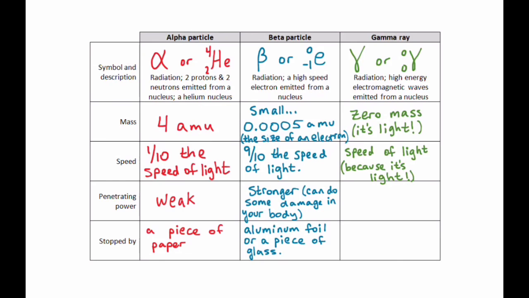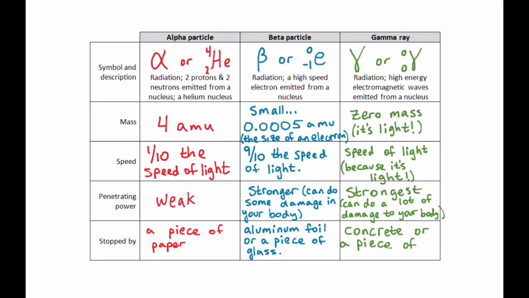The penetrating power is the strongest of the three. It can do a lot of damage to your body. So if there's something emitting gamma rays in the room, you'd probably be best to walk away from anything that's doing it. Or get behind a big slab of concrete or a huge piece of lead.